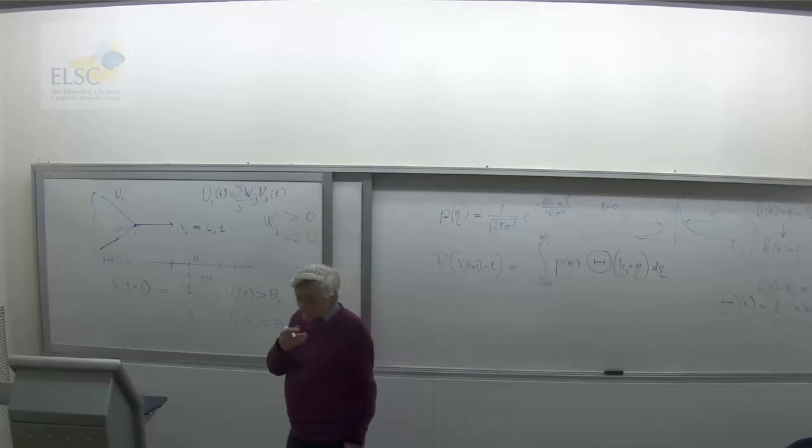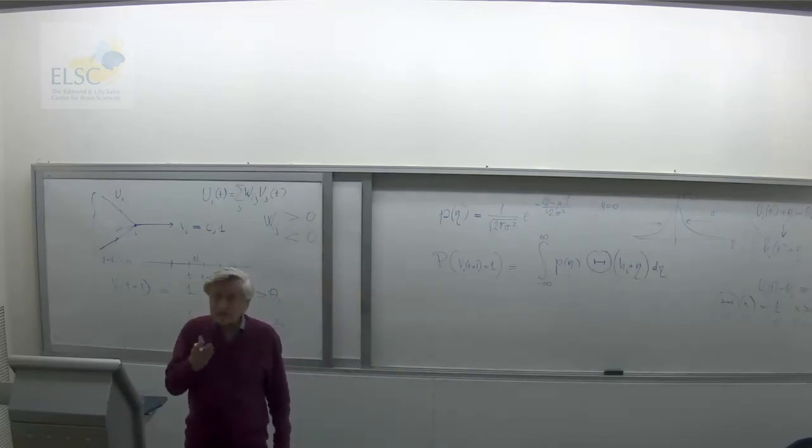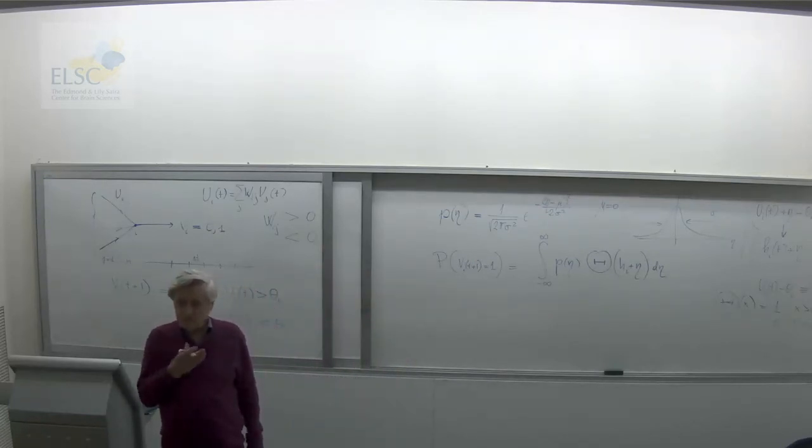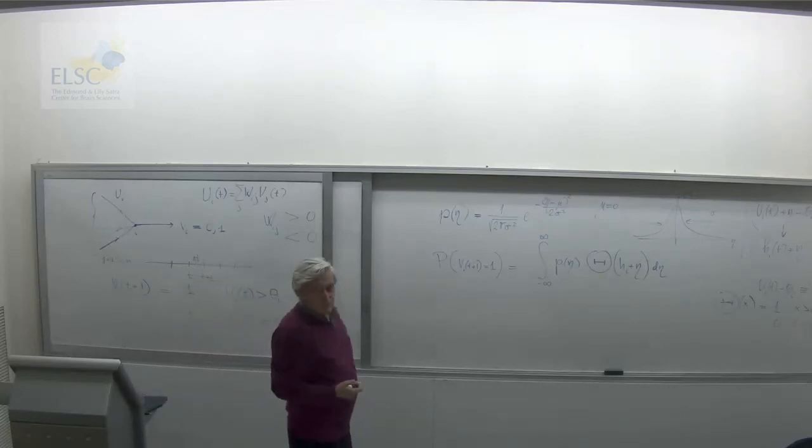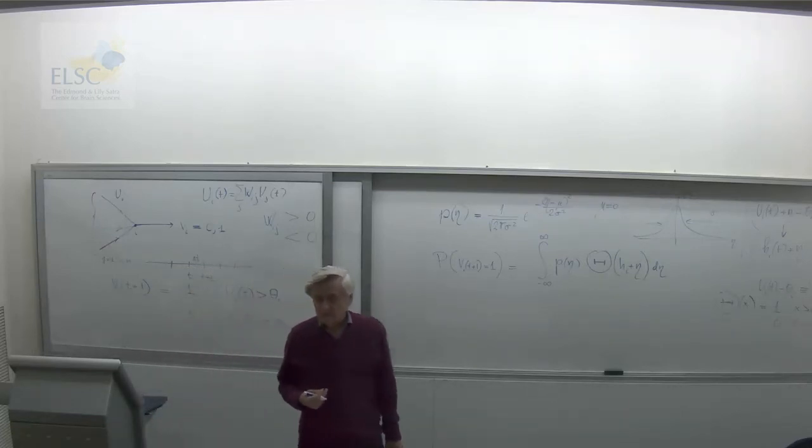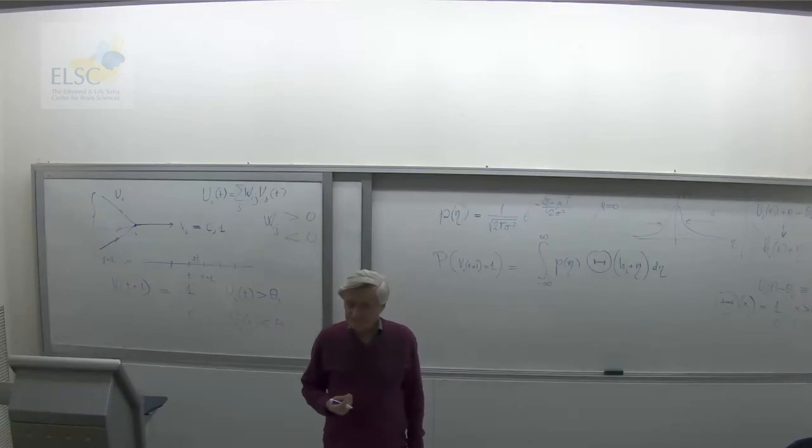Such functions are called step functions. There is one other step function that we know that we shall use, for example, in a few minutes. Sign of x. Sign of x is also a step function. It is equal to 1 when x is positive, equal to minus 1 when x is negative. And there are a few such step functions.